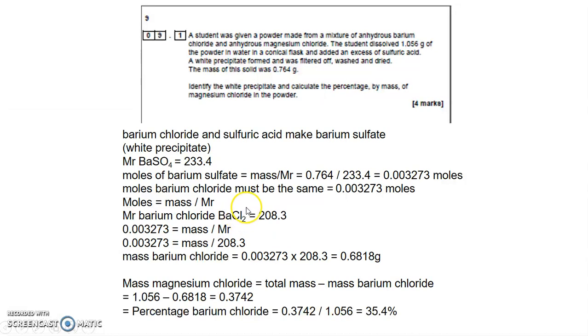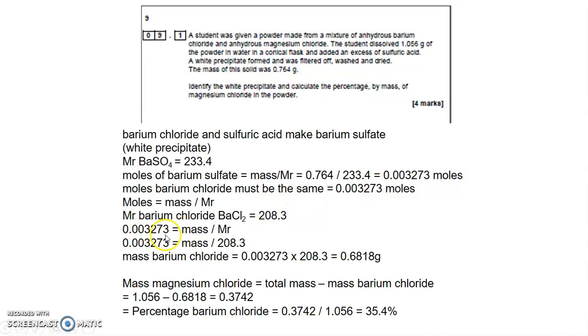Chlorine in group 7 gains 1 electron, Cl-. I'm going to need 2 Cl- to balance up with the barium 2+, BaCl2. Its Mr is 208.3.